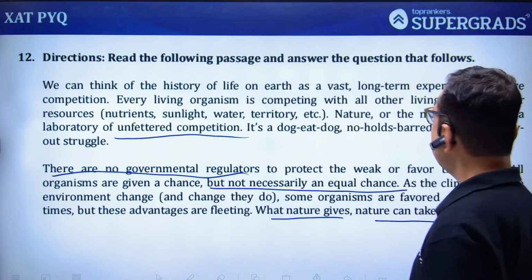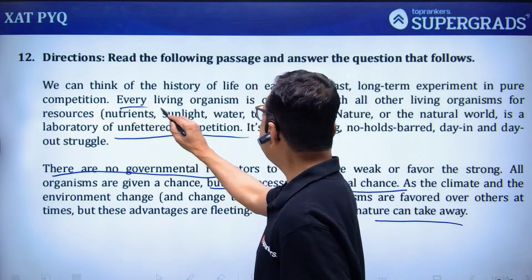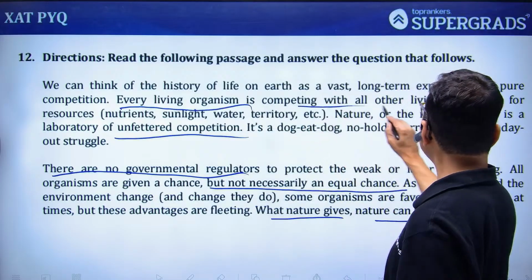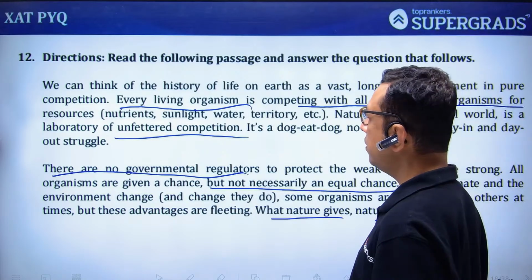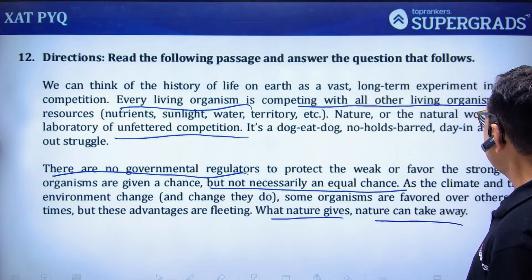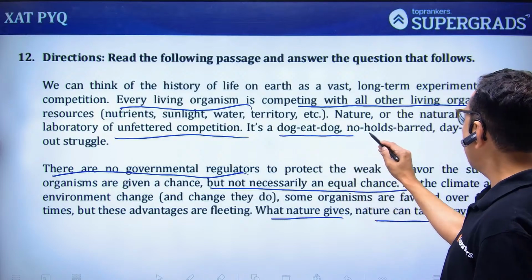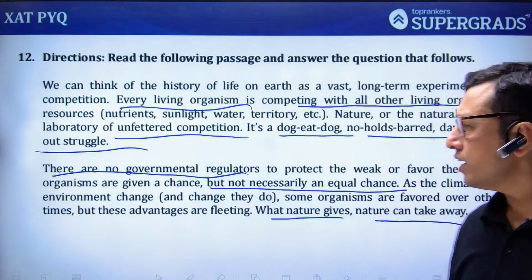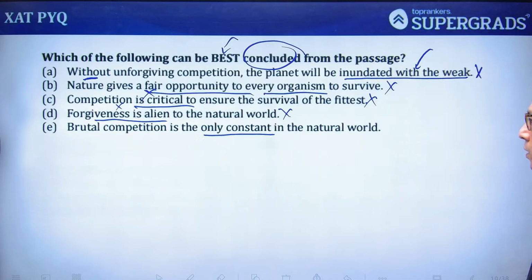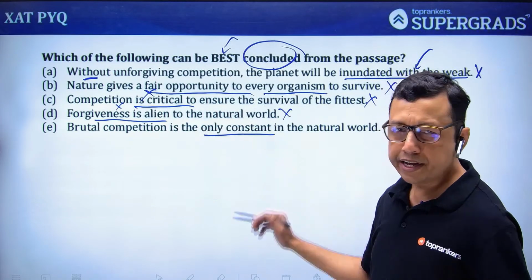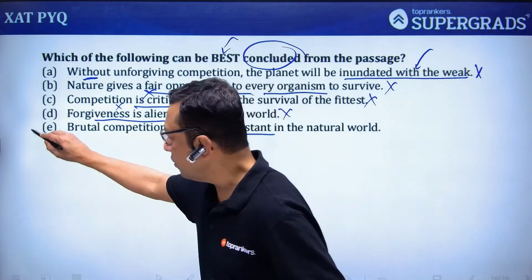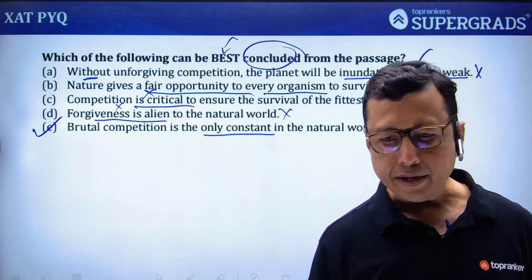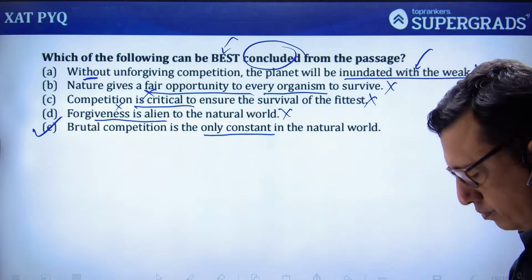Every living organism is competing with all other living organisms. It's a dog eat dog competition. All of these very clearly suggest brutal competition is the only constant, and can be safely concluded. The correct answer is E. Understood.